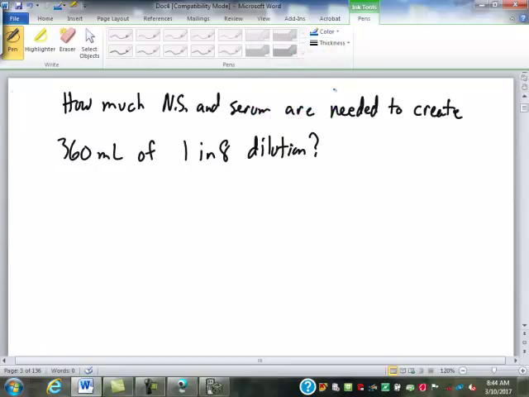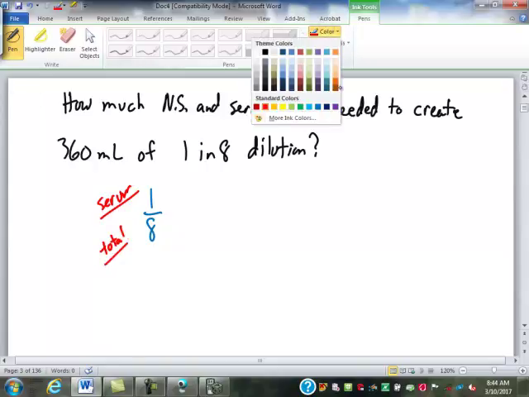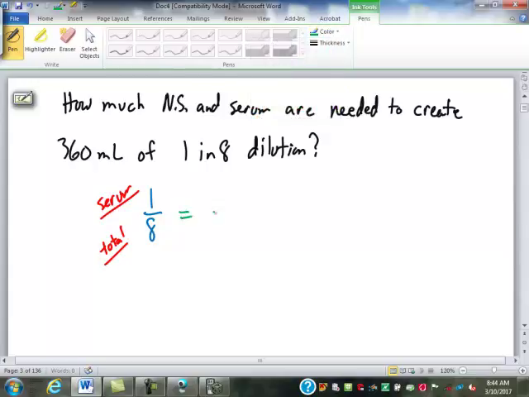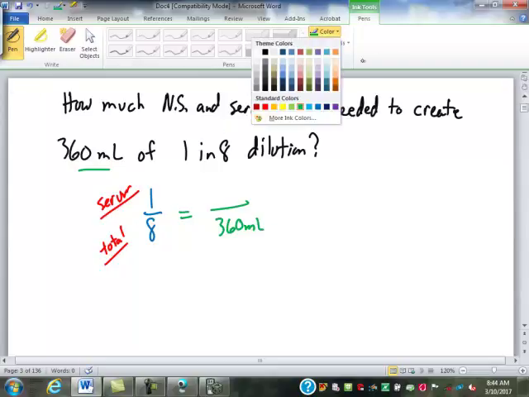Okay, well, again, we have the 1 in 8 dilution. The 1 represents serum, the 8 represents total. We have the 360, which represents the total. And the serum is one of the things we're looking for.